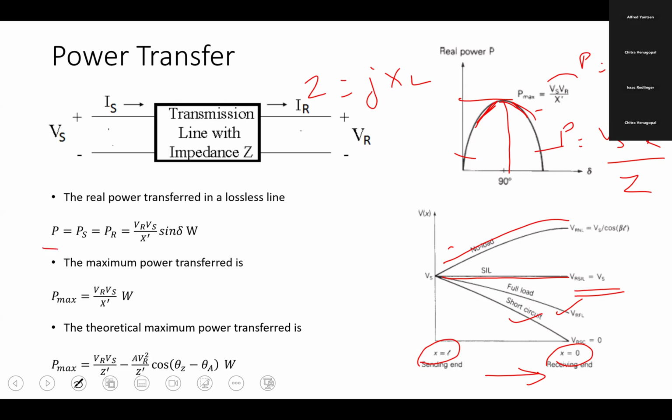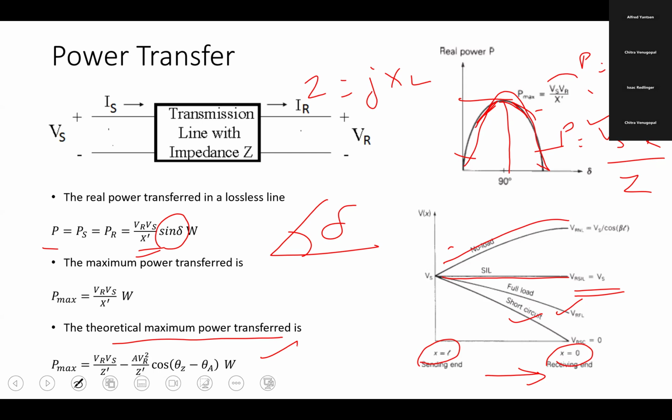So P is given by these values and the angle. The sending and receiving ends produce an angle, so that angle should be included in the equation. In this equation we include the angle as a sine, because this looks like a sine. So the theoretical maximum power transferred is given by this equation. You can see the detailed derivation of each of these results in the textbook.